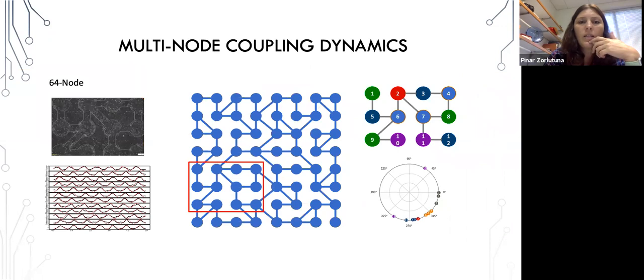And obviously 64 nodes is the largest that we fabricated. Just to put things in perspective, some of the examples I gave in the earlier introduction, some other types of oscillators, are in the order of 4 to 6 oscillators. Some of them are in the order of 500 to 1,000.